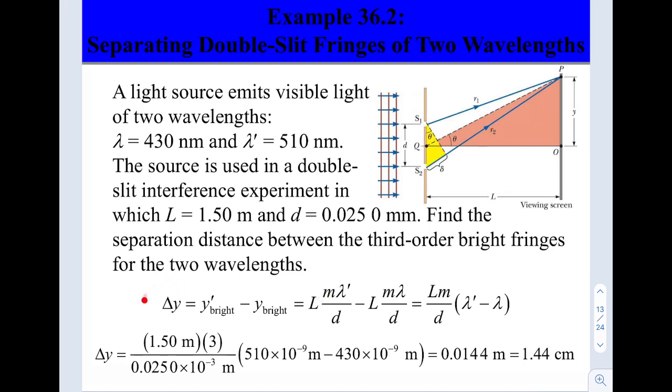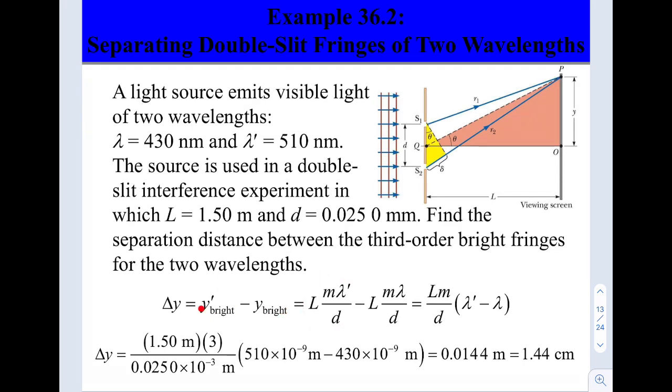Then you figure out the difference between the y of the 430 nanometer wavelength and the 510 nanometer wavelength. So in terms of math, delta y is equivalent to y prime bright minus y bright.